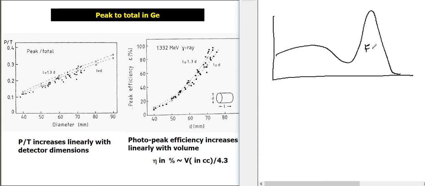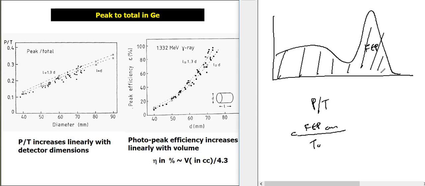Now along with efficiency, there is another measure, and that is your peak to total. That means the total full energy peak counts divided by the total counts, everything that is in the spectrum, that is the T. And you see, this also keeps on increasing with the diameter.